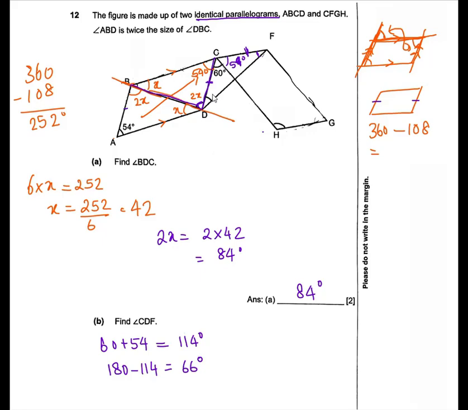And we know that these two angles together equal 66 degrees. And one of these angles will be 66 degrees divided by 2, which is 33 degrees. So this angle CDF is equal to 33 degrees.